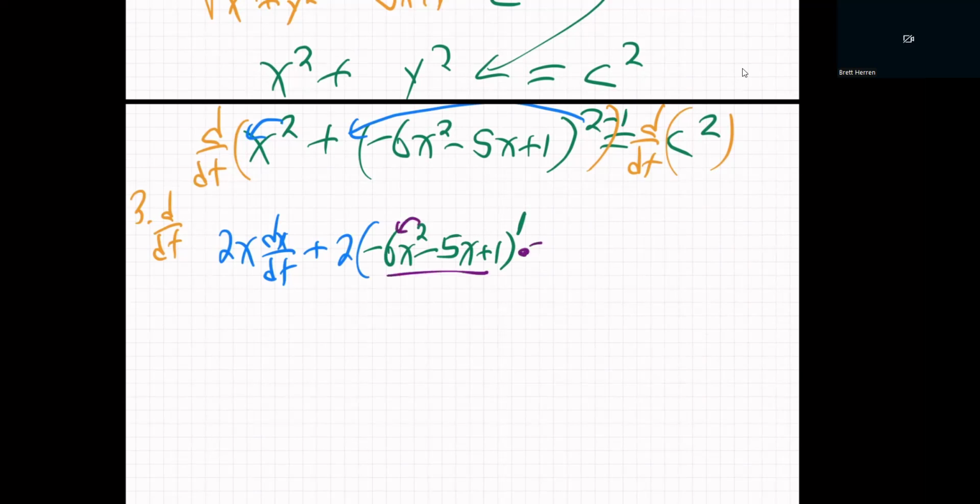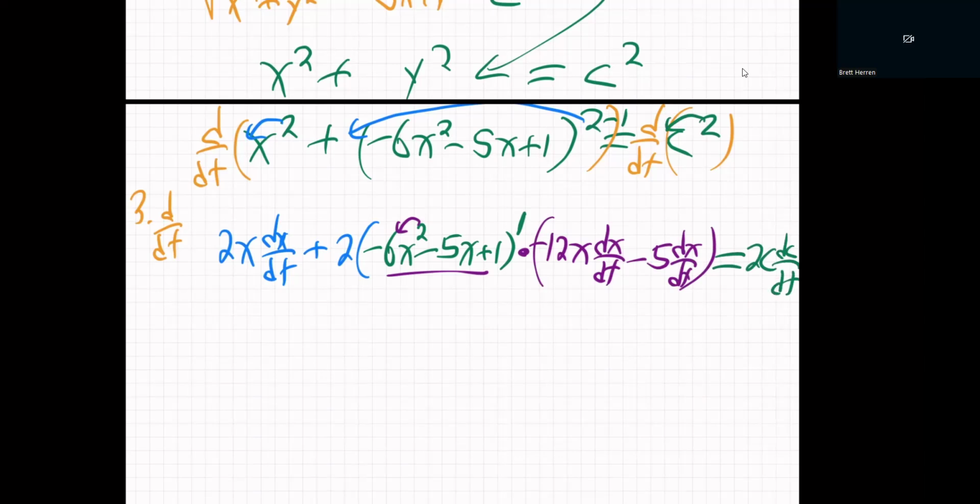Minus 12x dx dt minus 5 dx dt. That's all multiplied there. And then that's equal to, bring the 2 down, 2c dc dt. Whew, what a mess. Okay, so we got to be really careful on that.